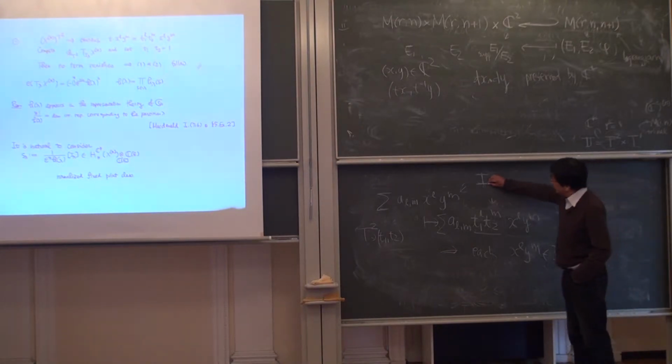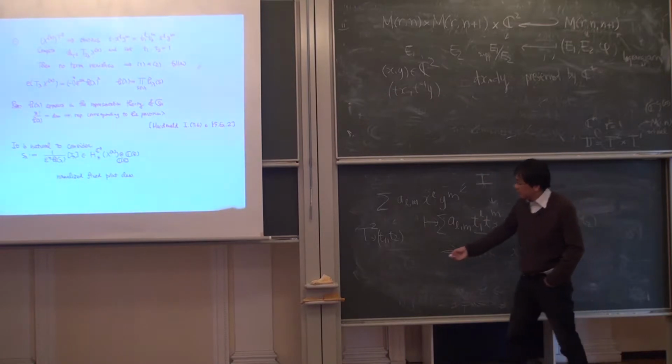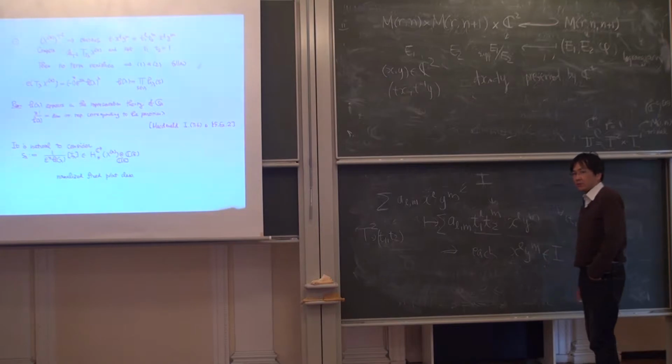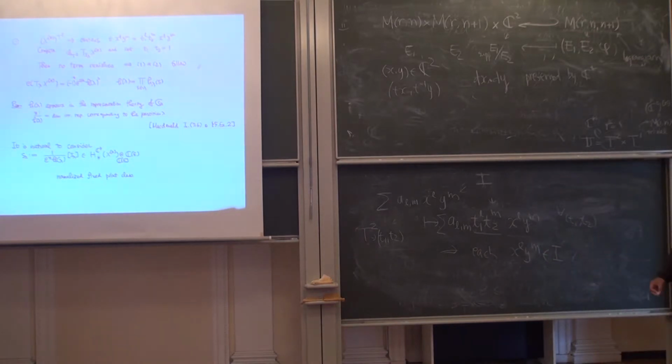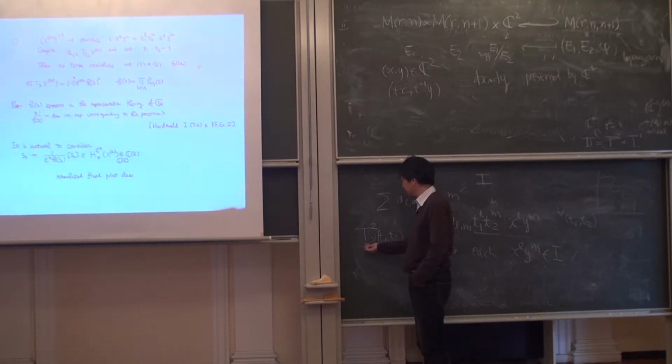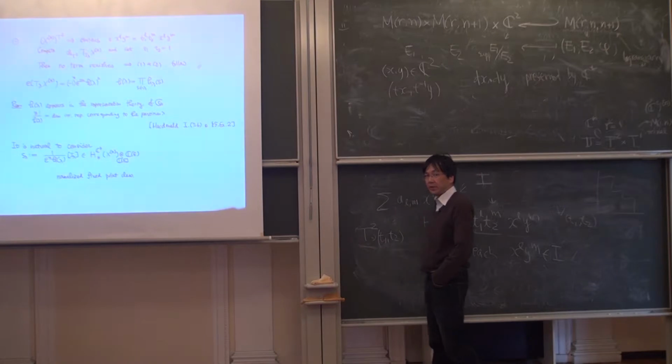So if the ideal is invariant under this torus action, then it must be generated by those monomials. So it must be a monomial ideal. And if you draw the monomial ideals, then you naturally get this Young diagram. So the statement is clear if you replace the action by the larger torus action.